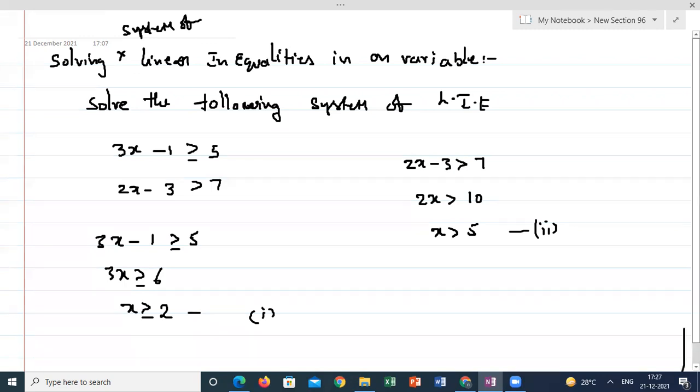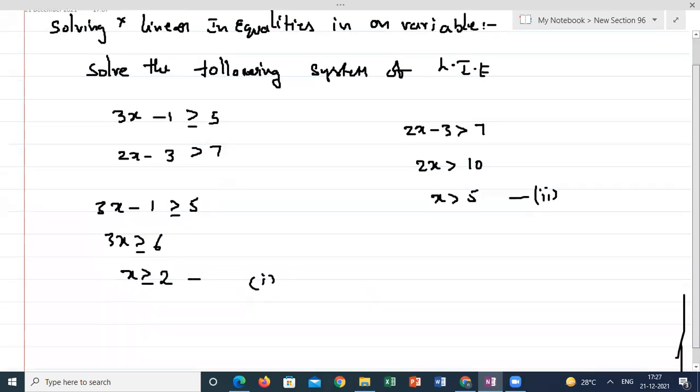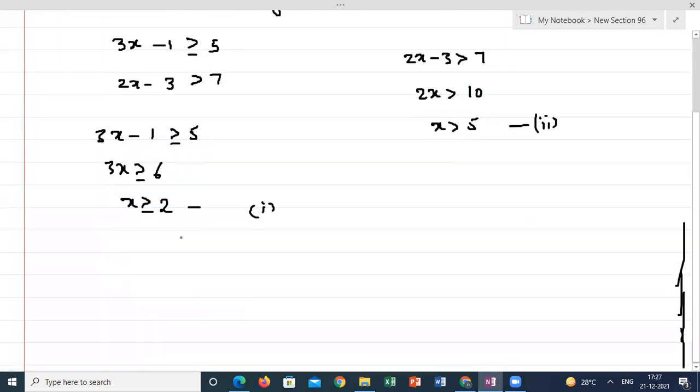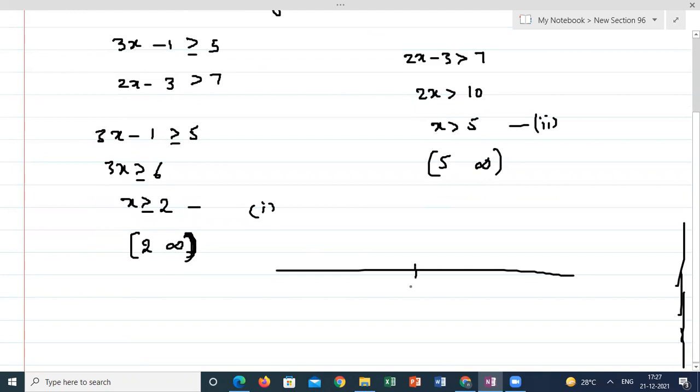Now, if I am taking the number line, what is the solution set of the first equation, students? 2 closed interval infinity. The solution set of the second equation is 5 open interval infinity. When I am representing it on the number line, this is 0, this is 2, this is 5, this is infinity.